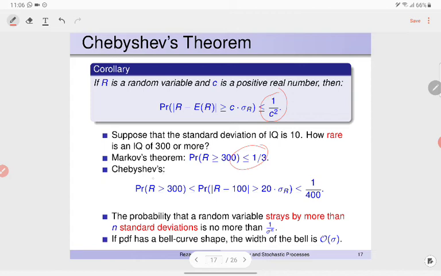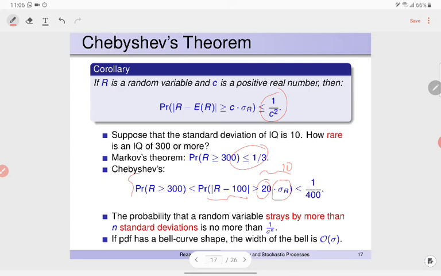Chebyshev basically tells us that the probability that R is more or equal to 300 must be less or equal to the probability that R minus 100 is larger or equal to 20 multiplied by the standard deviation. Look at this. The standard deviation is equal to 10, so this is 200.